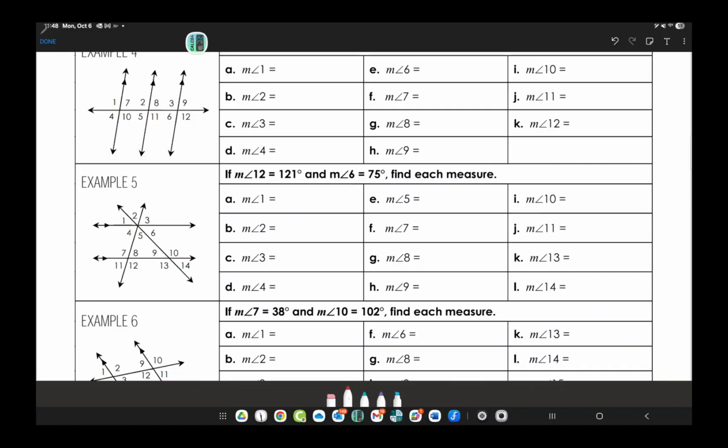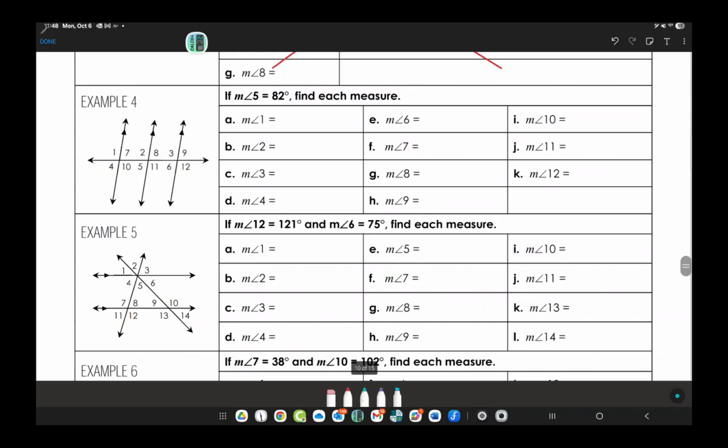So we are given only that angle 5 is 82 degrees. Because all 3 lines are parallel to each other, every acute angle is 82 degrees. So what other angles are 82 degrees? 7 and 4. 6.